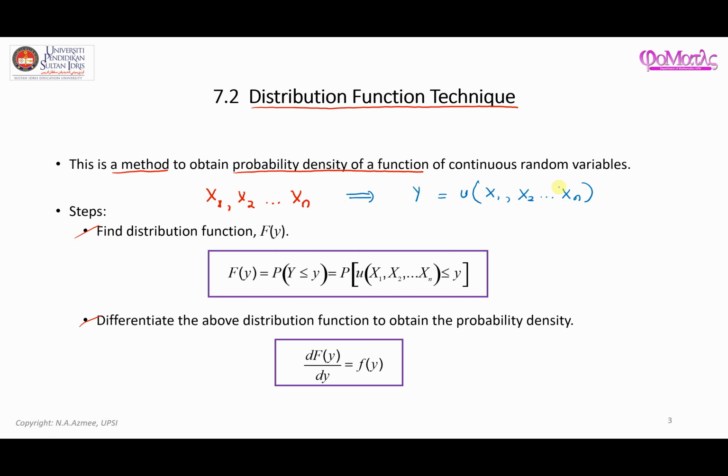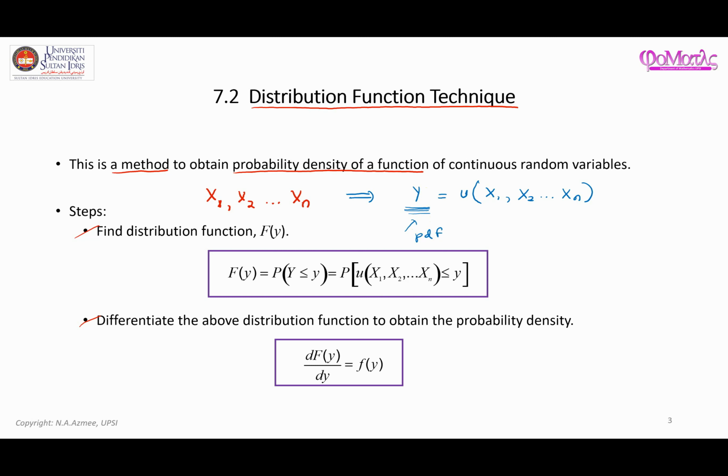So the combination of all x's gives you a new random variable, which we call y. When you have a new random variable, you might be interested to find what its probability density function is. So what is the PDF of this new random variable?